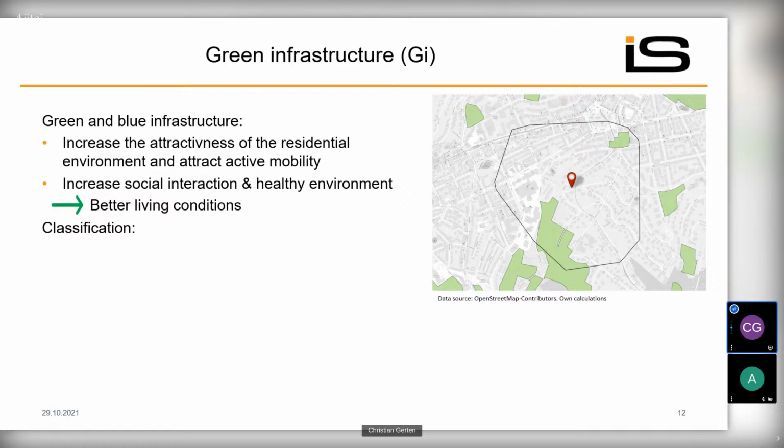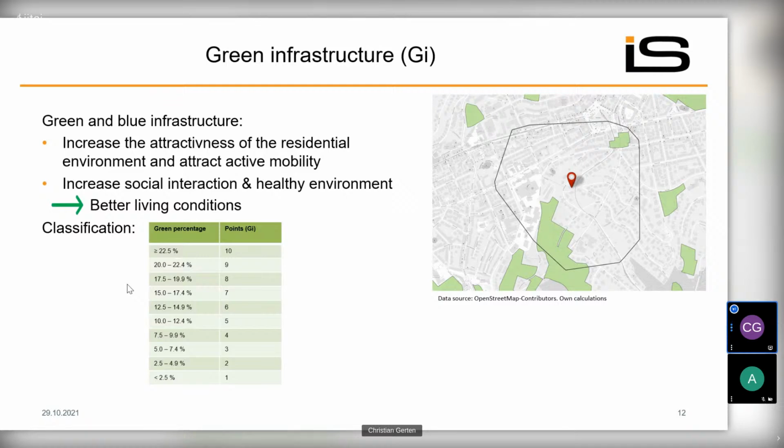For this indicator, we also did a kind of coverage analysis: how many percent of the direct residential environment consists of green and blue infrastructure. So here the results could also be from 0 to 100. But we say, okay, it's not that important to have, for example, 100% green percentage.